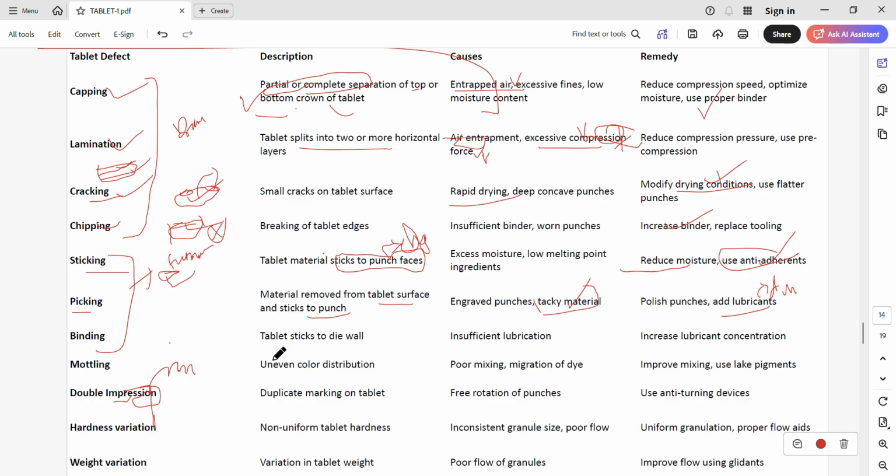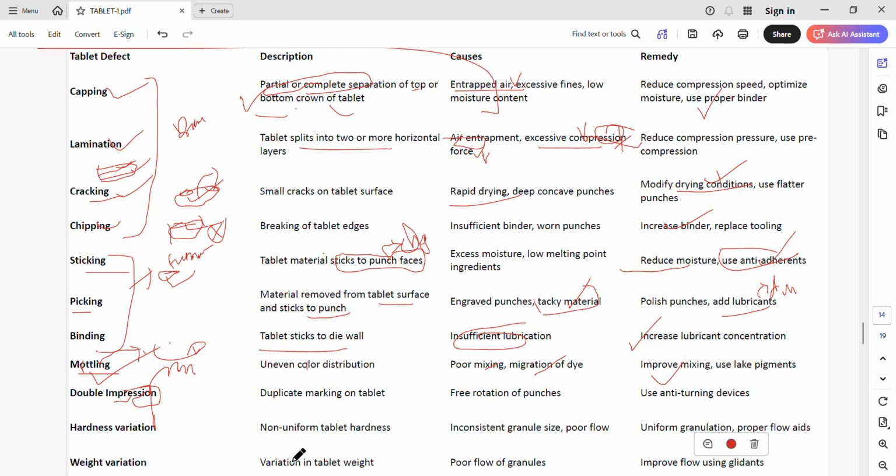In binding, the tablet sticks to the die wall because of insufficient lubricant, so increase the lubricant concentration. To remember mottling, the word color has an o and mottling also has an o. Mottling is the defect we call it when there is a color defect. The remedy is proper mixing, avoiding migration of the dyes, and using a proper colorant.